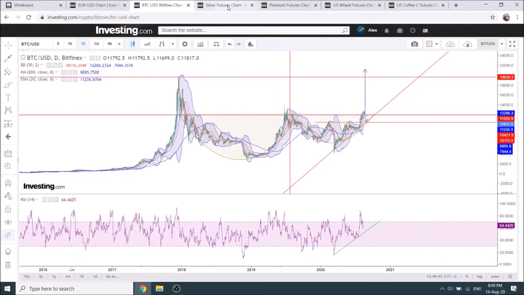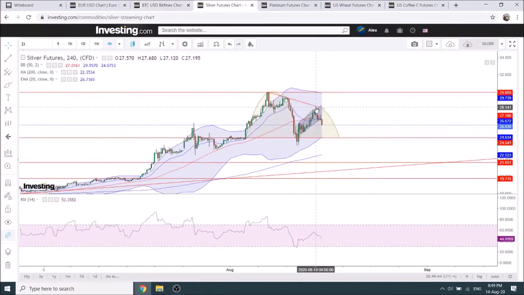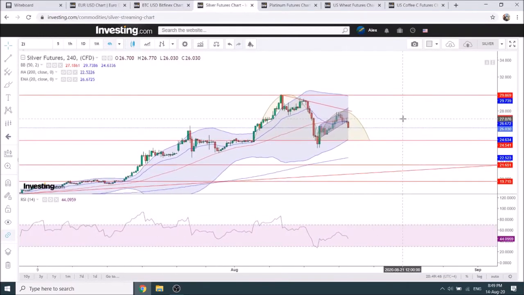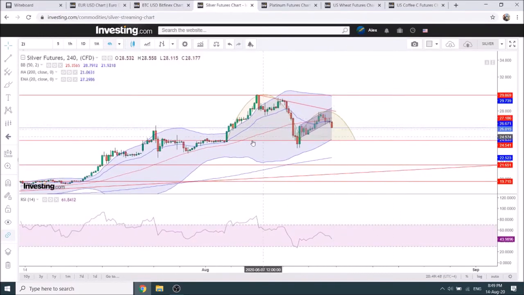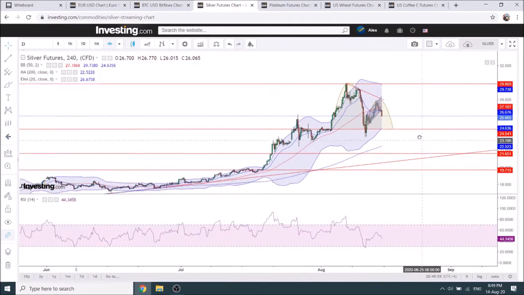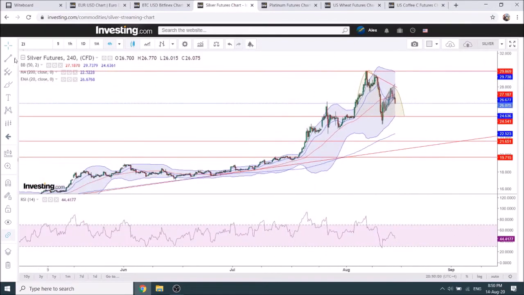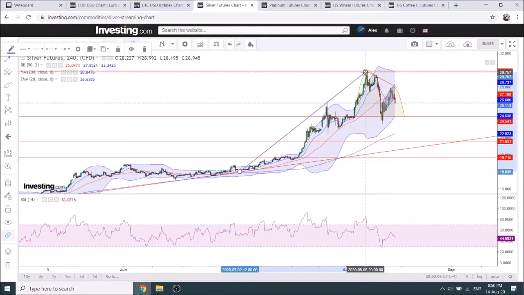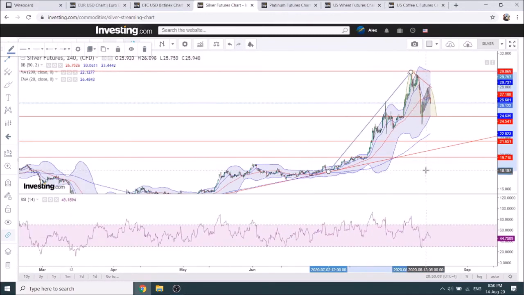Looking also on the same topic at silver, we also have a similar figure here, inverted cup and handle, very similar to the US dollar. I don't think that's an accident, but that's clearly related. We have that massive run up. So typically that figure is a very neat reversal figure coming at the top of a major bull run.